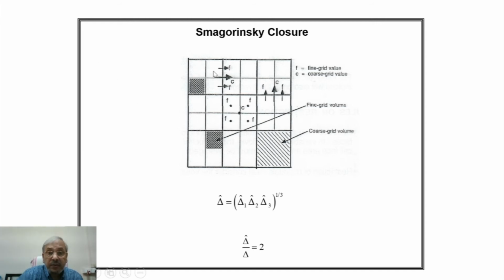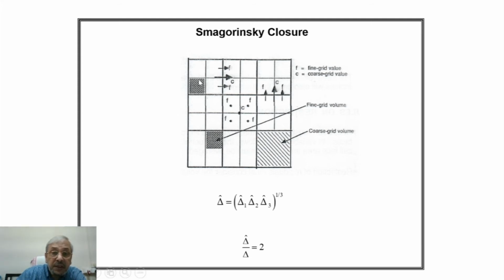Now on the xy plane, if it is double, then this may be the grid filter and then this will be the test filter. In three dimensions, since LES is mostly three-dimensional, just imagine this repetition in the third dimension.